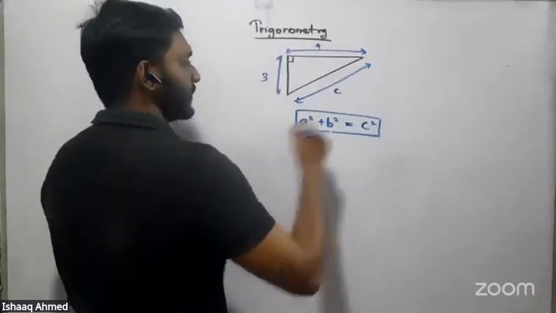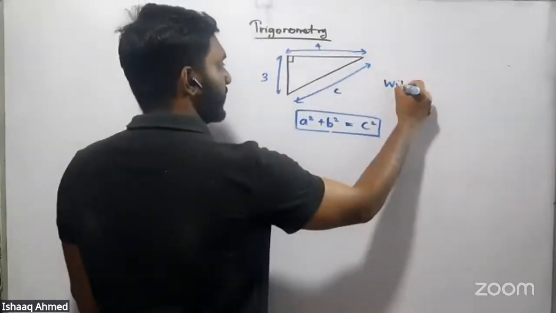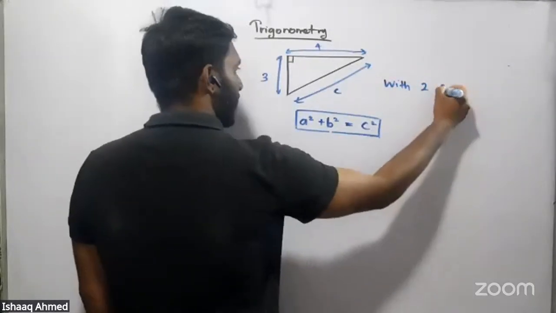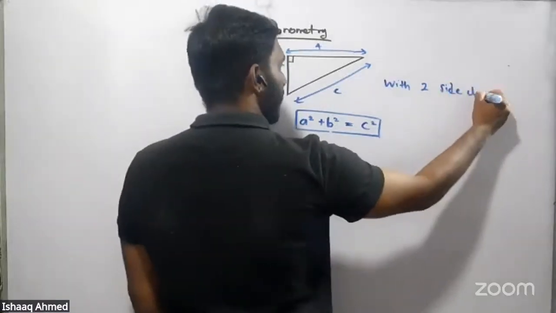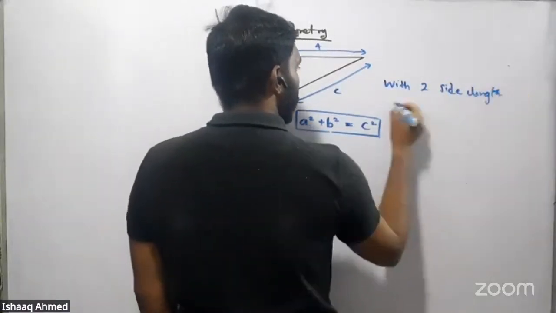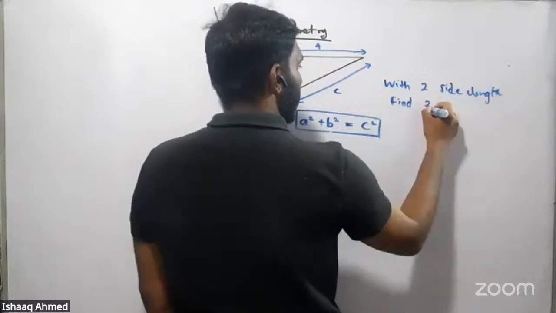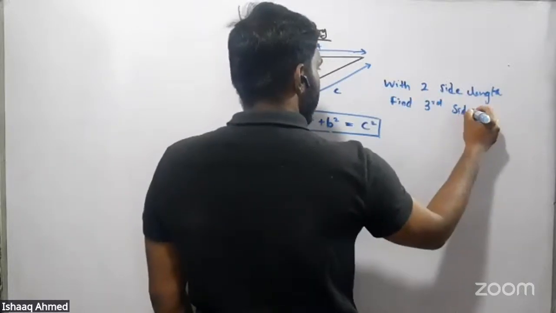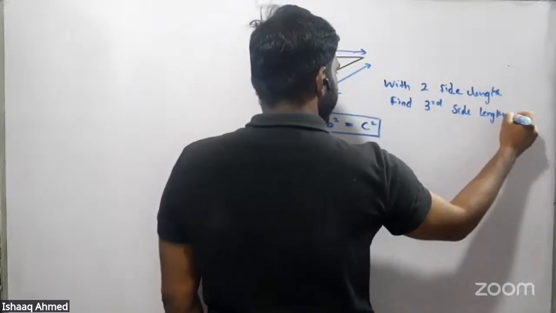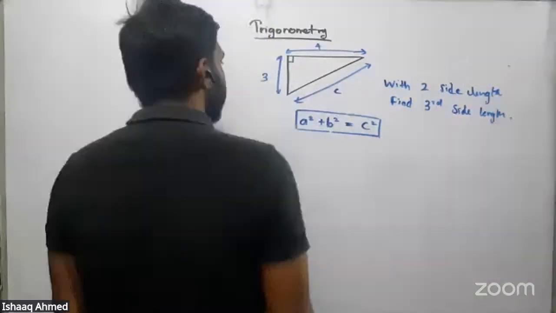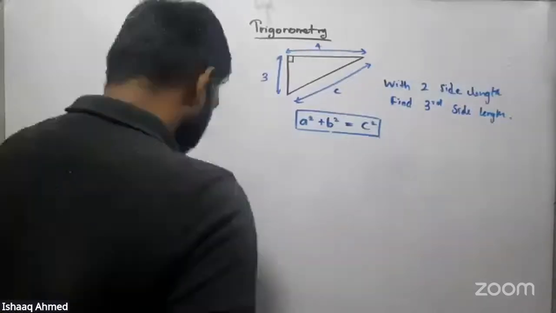If you know any two side lengths, we can find the third side length. This is Pythagoras theorem.